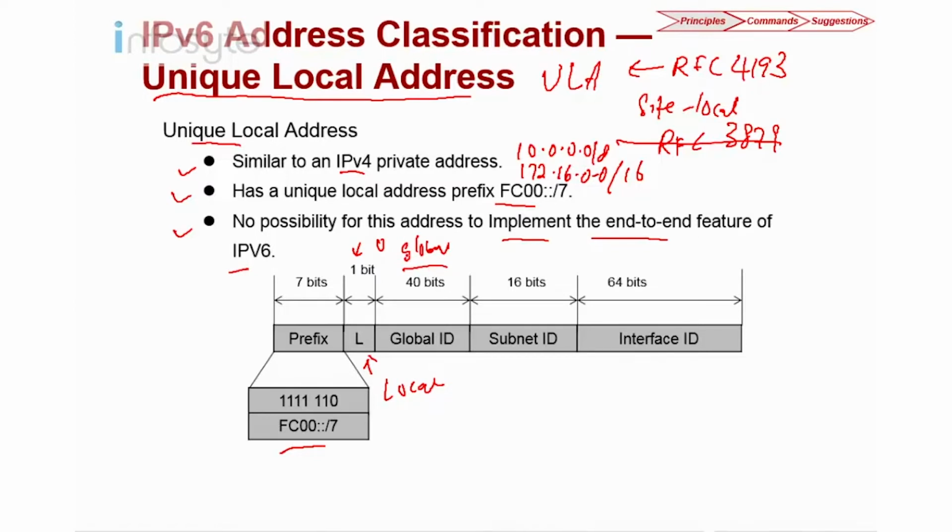Okay, so this is a unique local address. Very seldom are we going to use this unique local address because we do have plenty of IPv6, but they do have certain business cases, though it's very rare that we are going to use it.